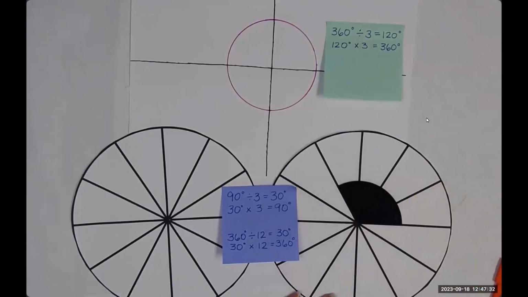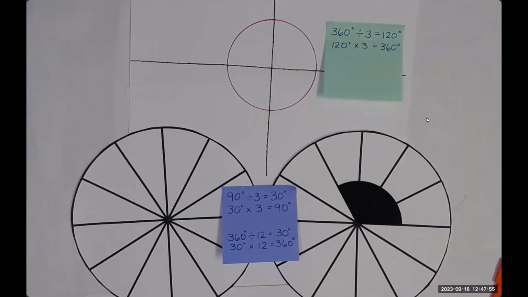So as you allow your students to concretely figure out and problem solve the measure of angles using these materials and different representations, it will help them understand and solidify those benchmark angles and the measurement of those angles and how to figure them out, right?